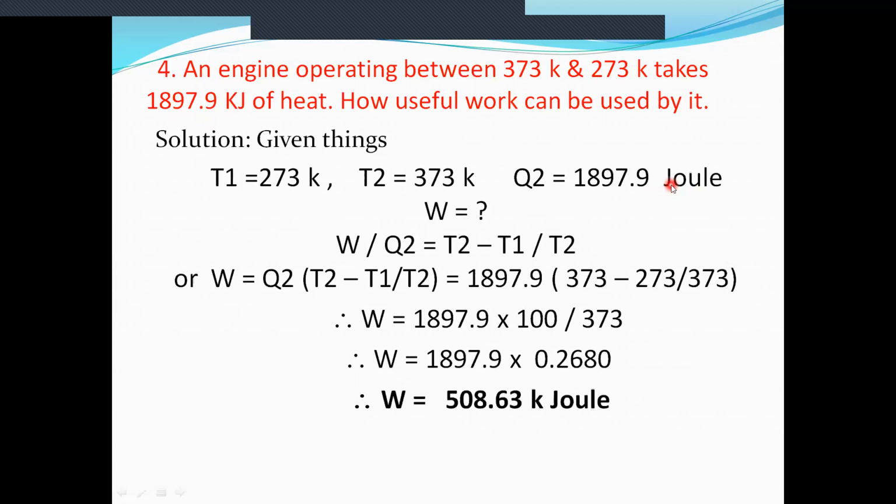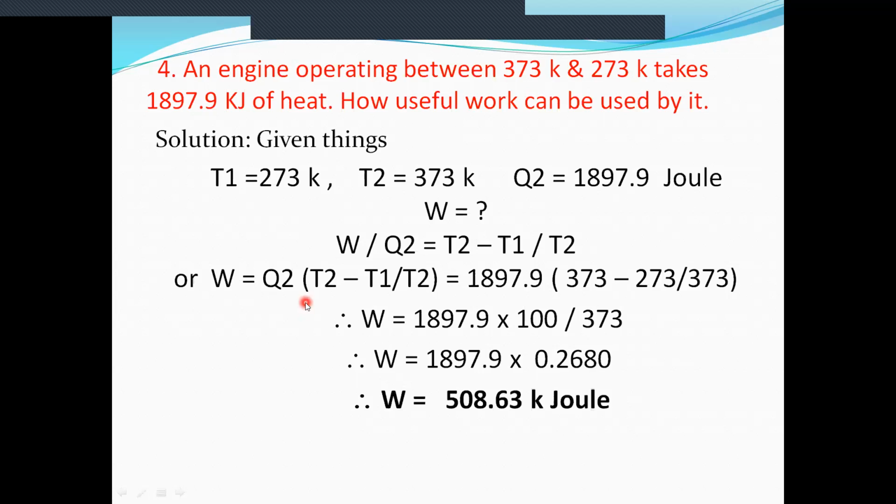Now which formula do we have to use? Again the same formula, W upon Q2 is equal to T2 minus T1 upon T2. Therefore W is equal to Q2 into T2 minus T1 upon T2.